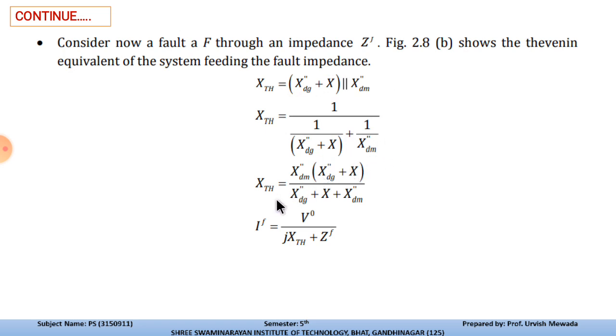Solving this, XTH becomes XDM double dash into (XDG double dash plus X), divided by XDG double dash plus X plus XDM double dash, according to the series and parallel connection of the reactances inside the machine. The current can then be determined as V by (JXTH plus ZF), where ZF is the fault impedance and XTH is the Thevenin equivalent reactance.